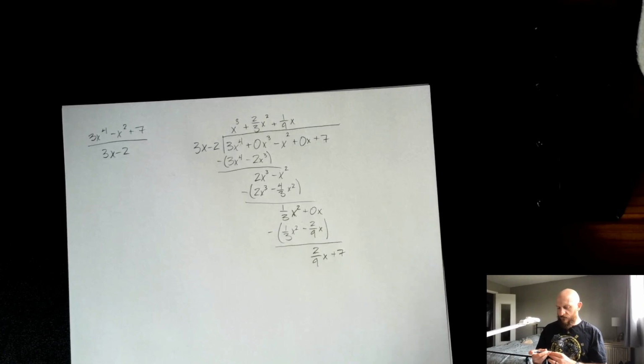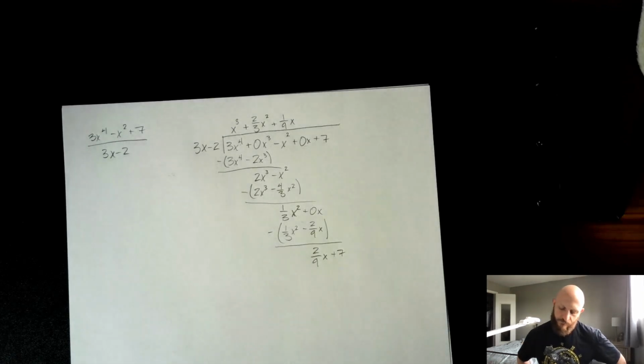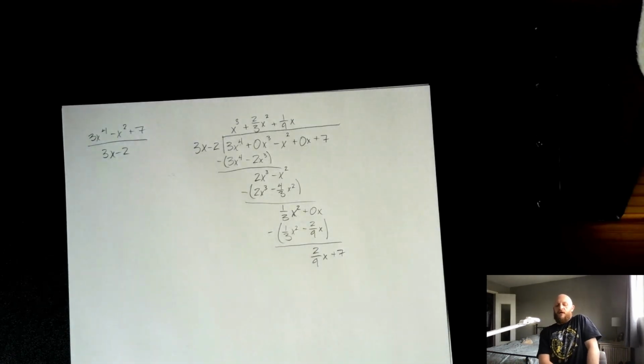What do we have to multiply 3 by for it to become 2/9? In other words, what am I trying to do? 3 divided by 2/9, is that right? So 27 halves? 2 over 27, right?